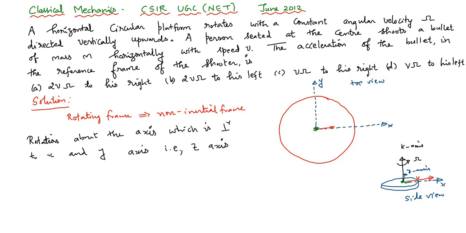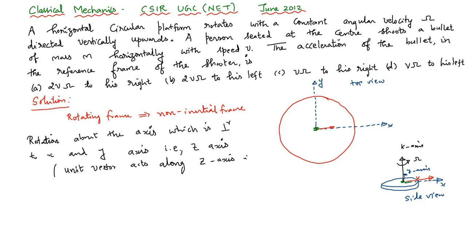Which means the unit vector acts along the z axis, that is along k.